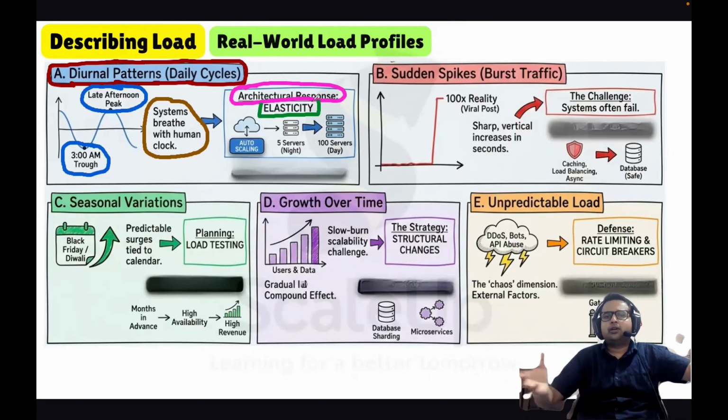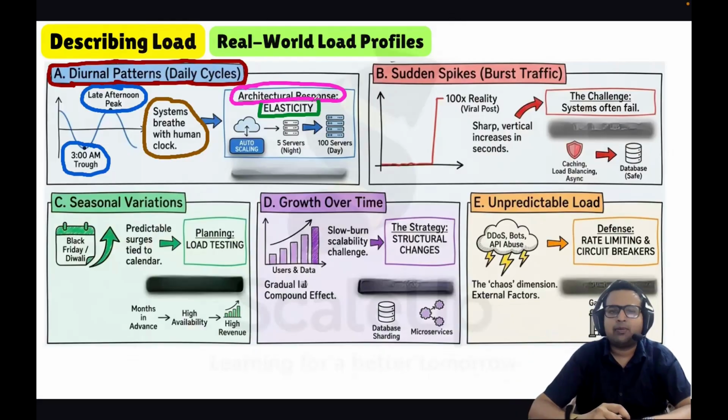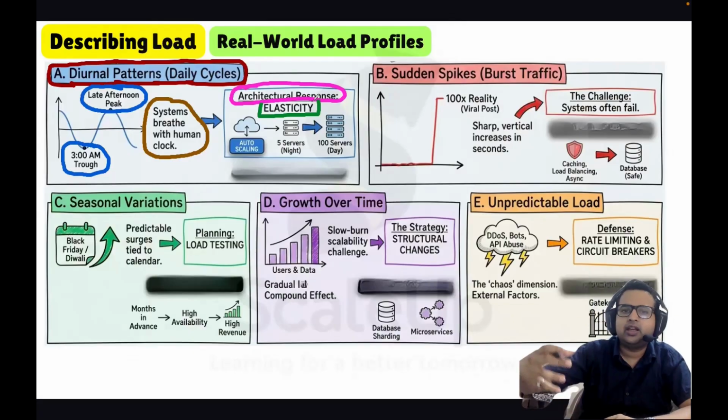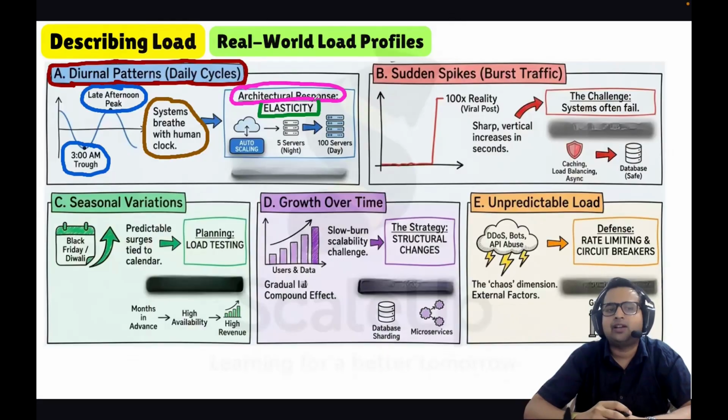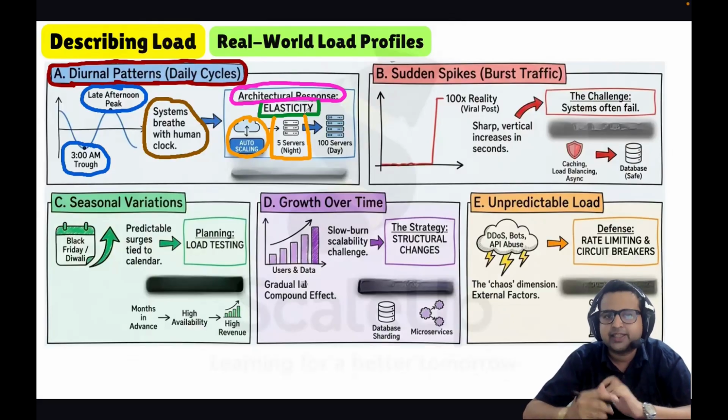So instead of buying hundreds of servers 24 by 7, we will adopt elasticity. We identify the real world load profiles, and we know that in the night the traffic will be very low, so we will use auto scaling. In auto scaling, we permanently might be using only 5 servers, and then during the daytime when the load increases, we automatically scale.